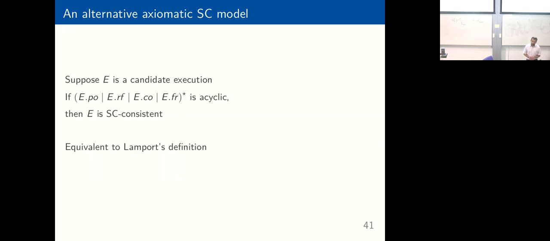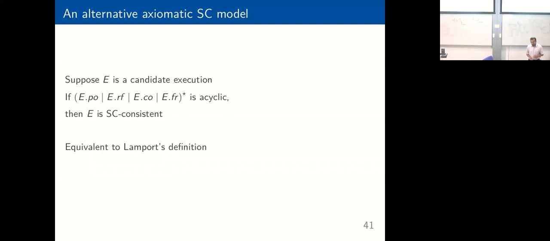And if you look at that total order, you'll see that each of these relations belong in that total order. Program order is part of that linear order because of Lamport's condition. RF, likewise. Coherence doesn't have to be, but the hardware will give you stores in a certain order, so you can choose your linear order to be in that order.